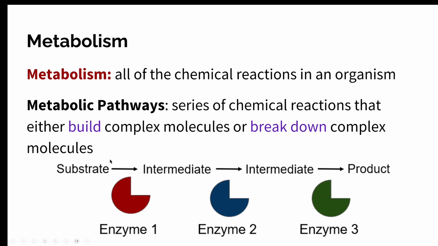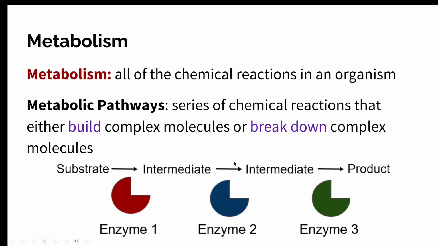So a substrate, let's say we have a polysaccharide, like starch, like you ate some noodles or had some potatoes, and those are really rich in starch. But we need to break those down into the final product, which is going to be glucose. So enzyme 1 might break that polysaccharide into disaccharides, and that would be like your intermediate.